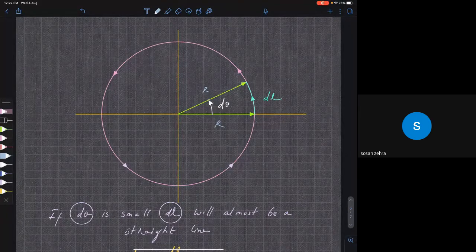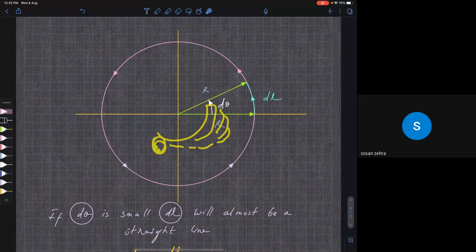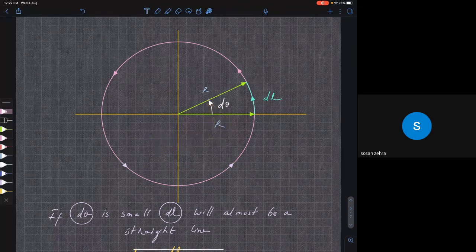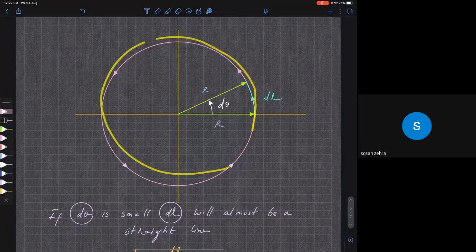Are you getting my point? If you put your fingers in this direction, your thumb will point upward, because the particle is moving like this.